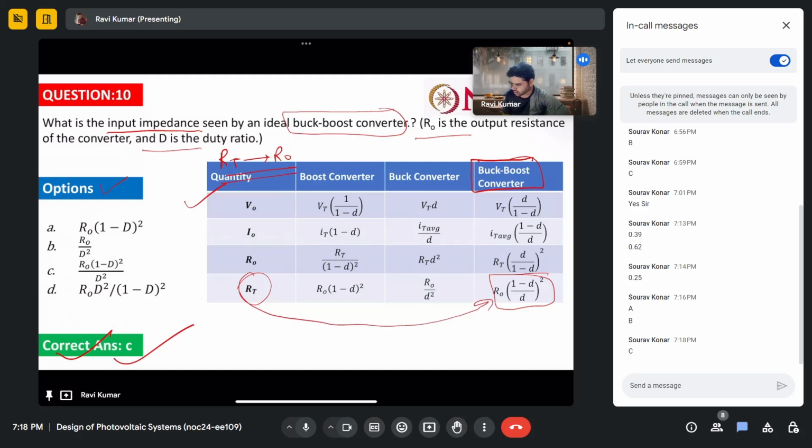Okay, let me check one thing. Questions, we are done for today. I am just checking one thing to show you if it is there.